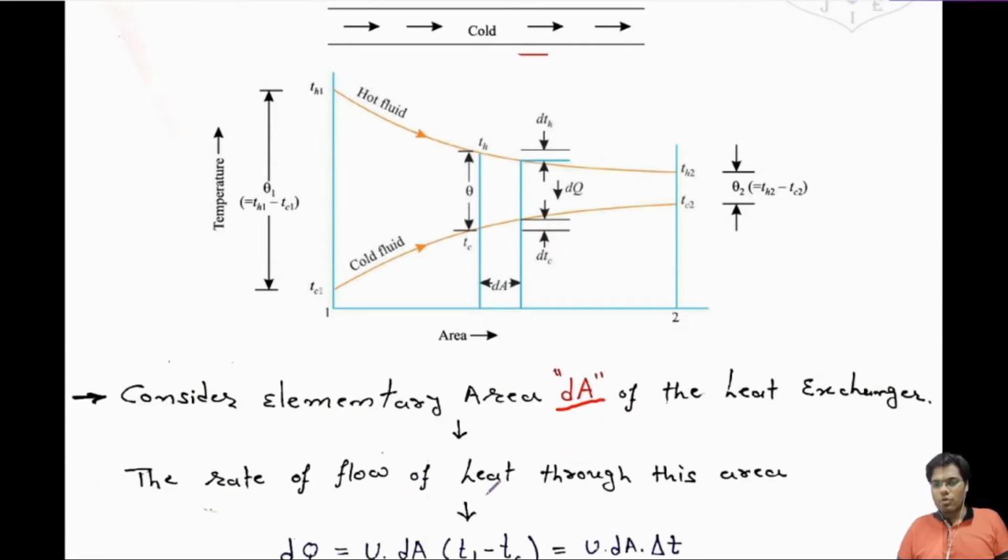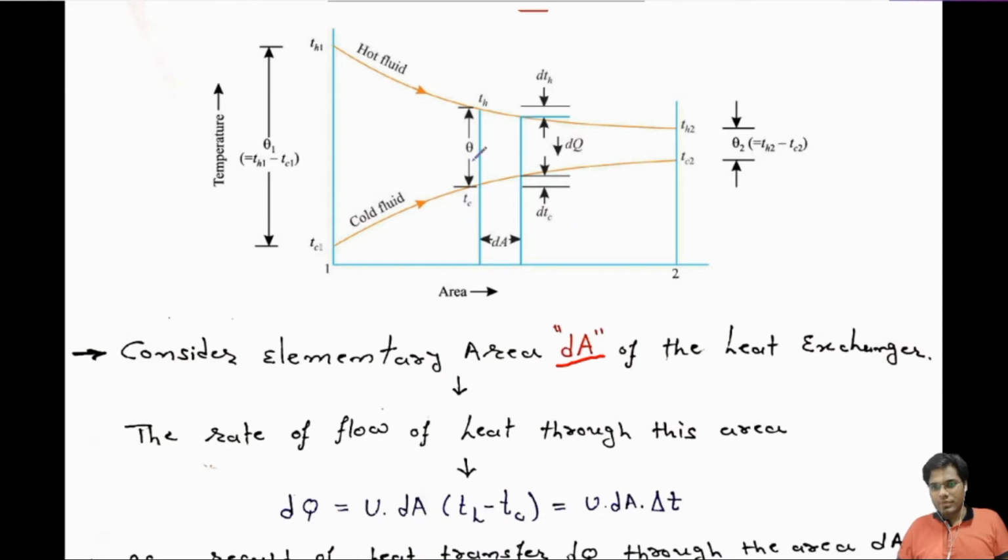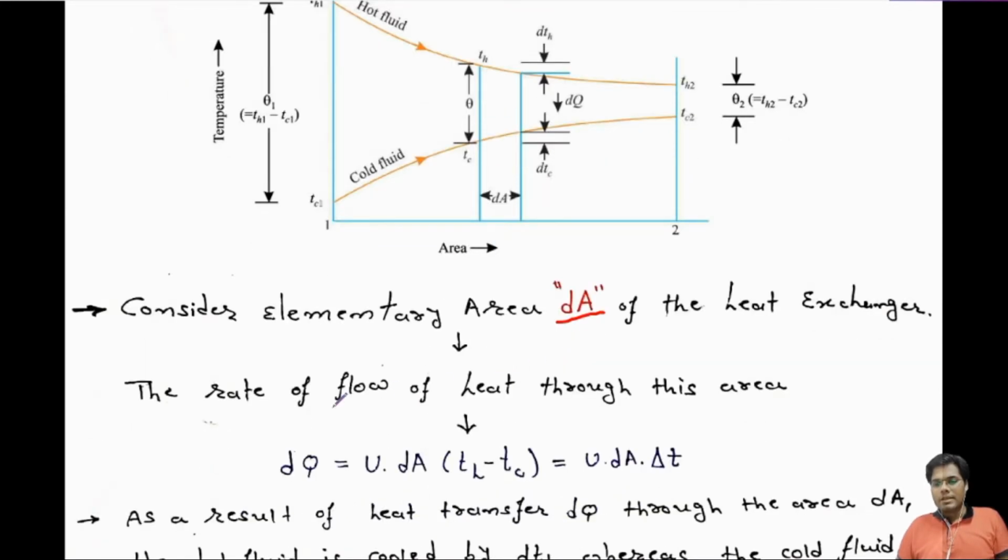The rate of flow of heat in this area dA can be written as dq, because this is a small elementary area. So instead of q, we write dq equals U, the overall heat transfer coefficient, because more than one mode of heat transfer takes place in a heat exchanger, times the area dA, and the temperature difference.